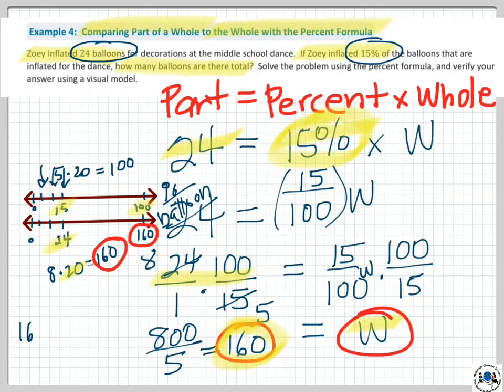So 160 over 1 times 15 over 100. Okay, 15%. And let's see, I can do this and this, and see, what do I get there? Well, I get by 50, right? That would be, if I did this by 50, this would be 2, and divide this by 50. Can't do that.